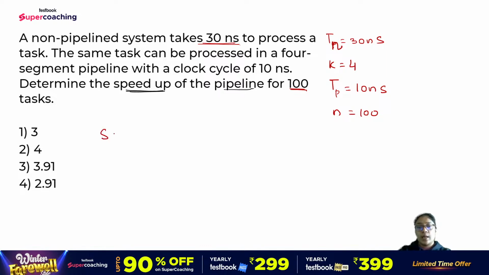Same concept, S is equal to n into Tn for the non-pipeline processor, and for the pipeline processor it is k plus n minus 1 into Tp. The first instruction will take k clock cycles. Substitute the values, everything is given directly like the previous question. What is the correct answer?